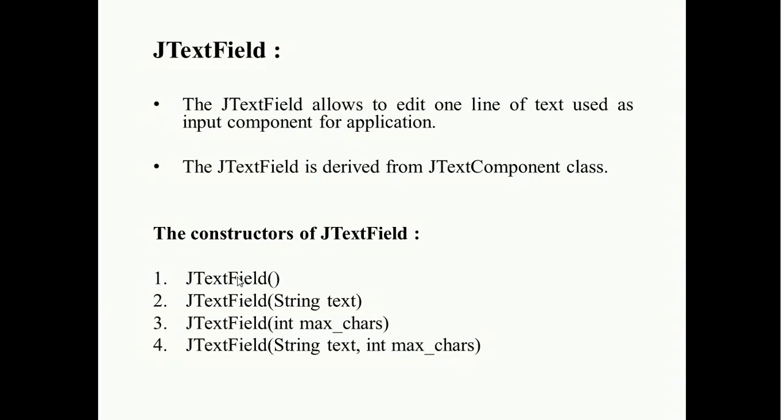See the first constructor, JTextField. When the first constructor is used in the program, the text field initially appears empty. This text field has no string at the initial time. Then the second constructor is JTextField having the parameter String text.